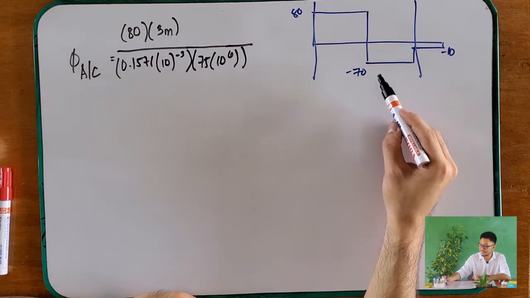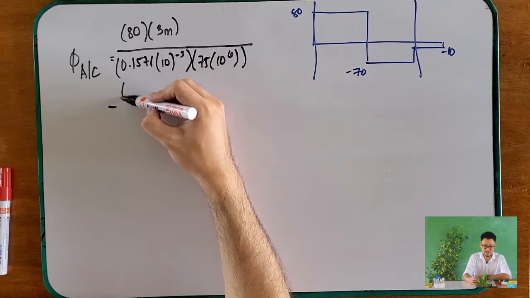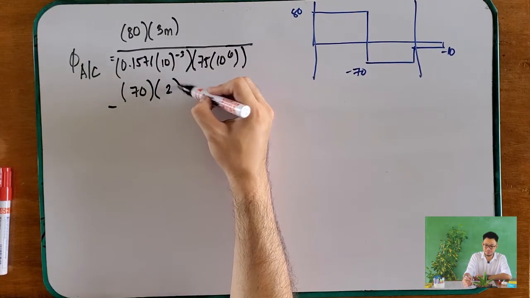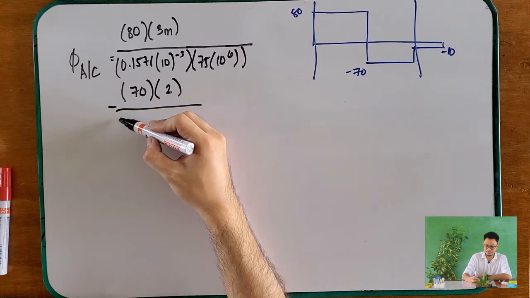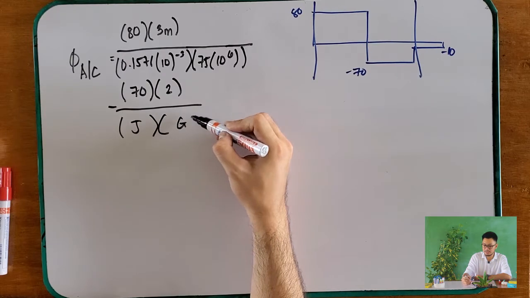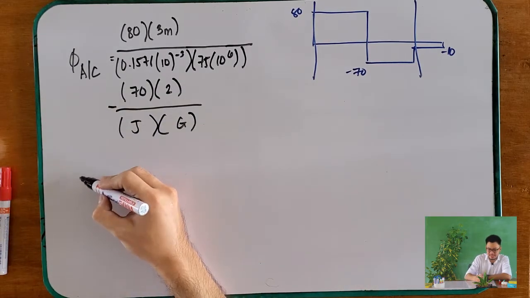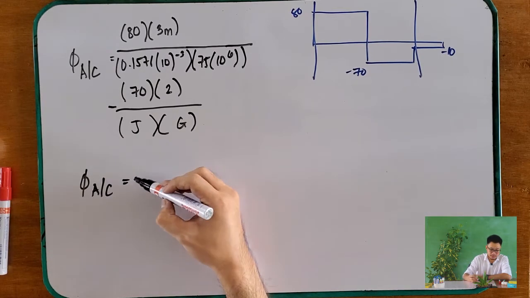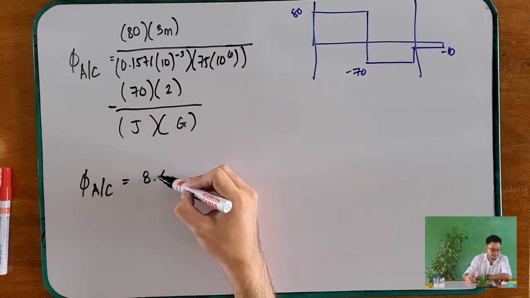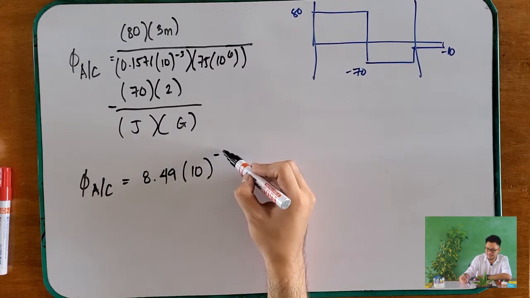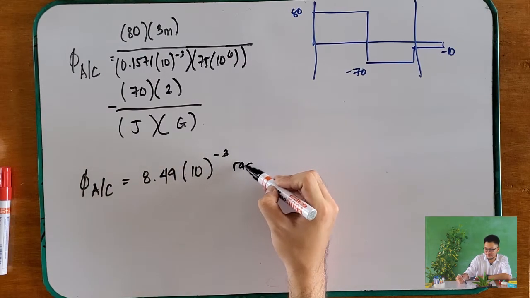And then, since this one is negative, so minus 70, wala ko nagbutang units ha, times 2 over J times G. And you will get your final answer as 8.49 times 10 to the power of negative 3 radians.